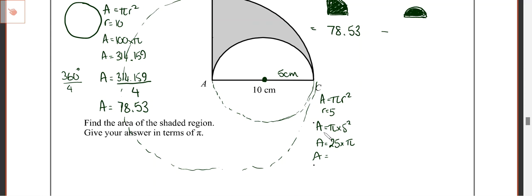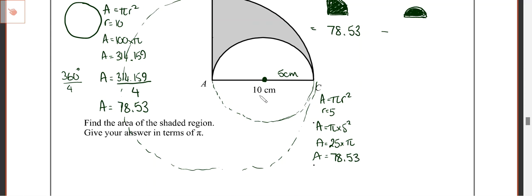What I worked out was 25 times pi, which should give you the same answer. 78.53. I didn't say you were wrong, I just thought, let's go through it.